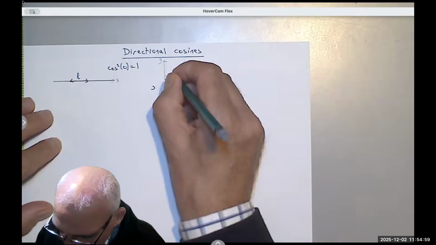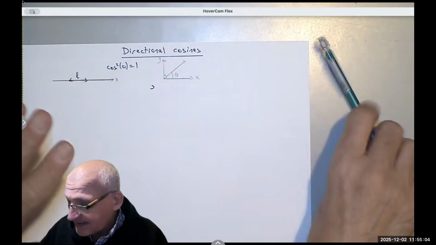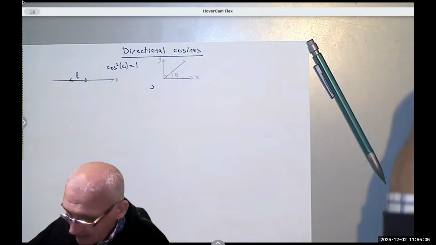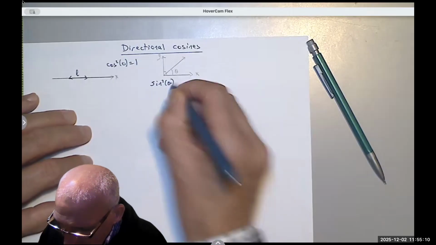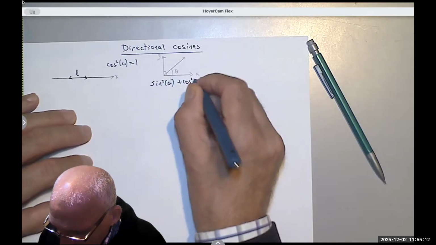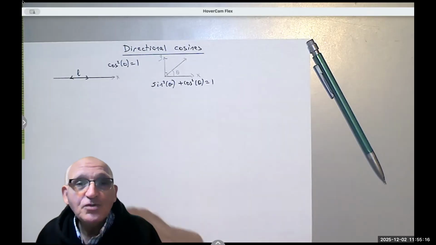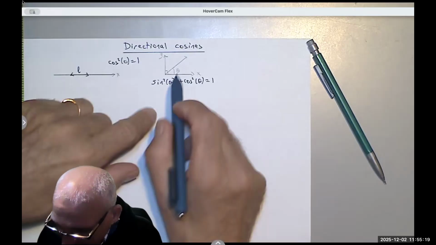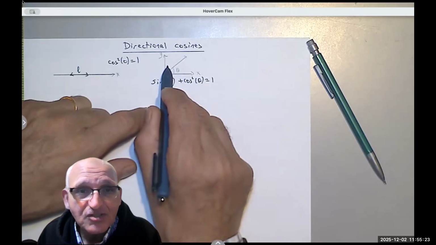right? So this is theta. I'm going to call it theta for the time being. So you learn in trig that sine square theta plus cos square theta equals 1, right? But we know something. We know that the sine of this angle is the cosine of its complement.